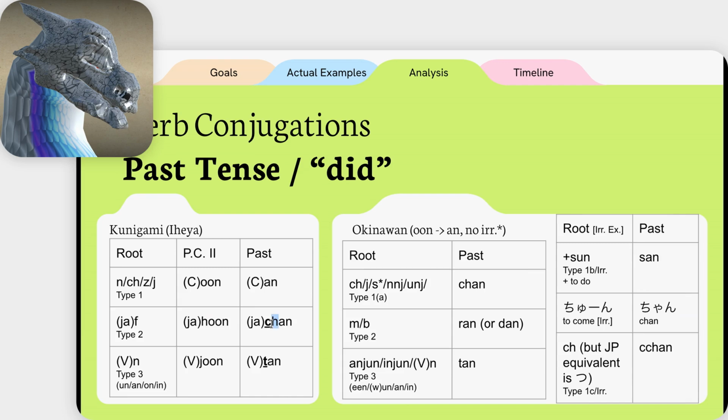Okay, so next we will go to a different past tense, which only exists in the Kunigami language but does not exist in the Okinawan language. You have the regular form and you add the word da in the middle, and you just get a different form of the tense, which is more like I was just doing, just did.